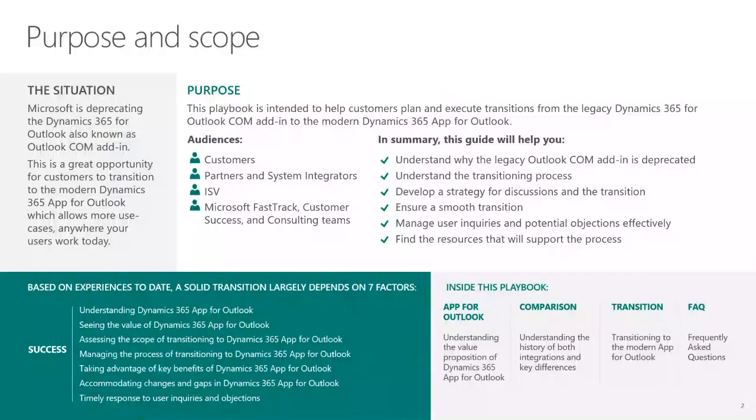This playbook is intended to help customers and their partners plan and execute transitions from the legacy Dynamics 365 for Outlook COM add-in to the modern Dynamics 365 app for Outlook.